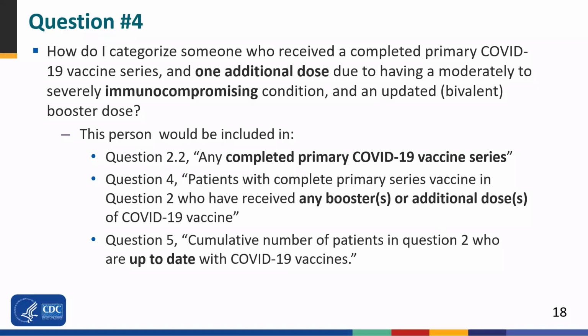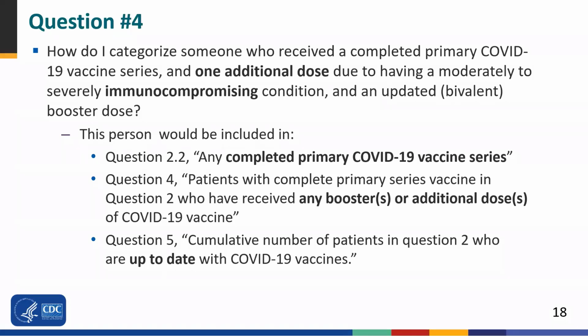This person is considered up to date because they received an updated bivalent booster dose. They would be counted in question 2.2, any completed primary series, question 4, any additional or booster doses, and question 5, up to date.